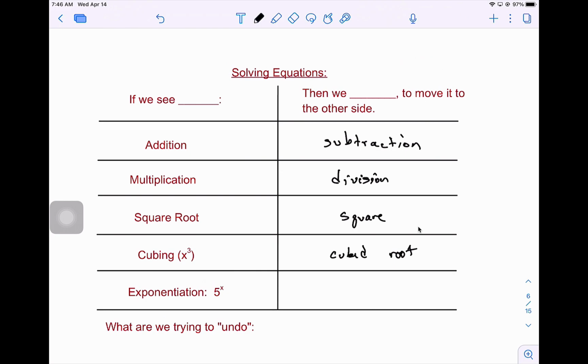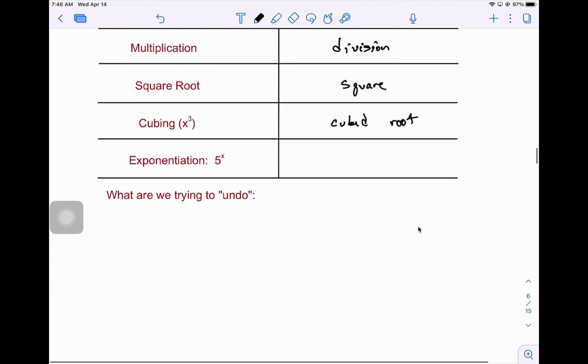And here's the introduction. Anytime you have what's called exponentiation, whenever you've got a variable in the exponent, in order to undo that, the inverse operation is you use what are called logarithms. Okay?